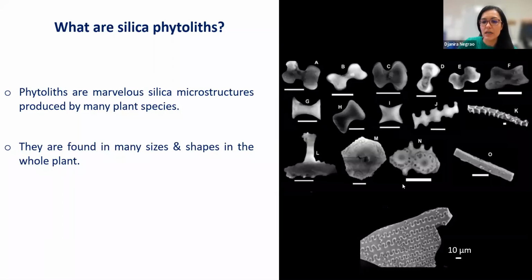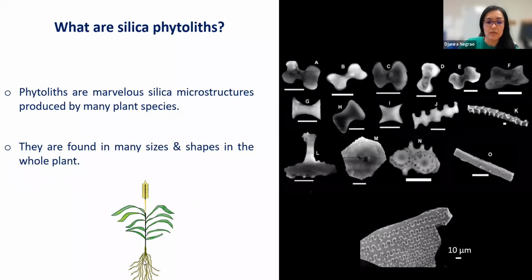In this picture, you can see many shapes and sizes of these silica bodies made by plants. And we can find them in many plant species, in a whole plant. We can find phytoliths in the roots, in the stem, leaves, and reproductive organs, and also in the grains.